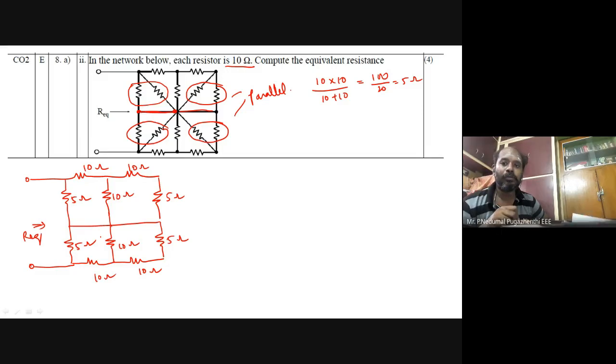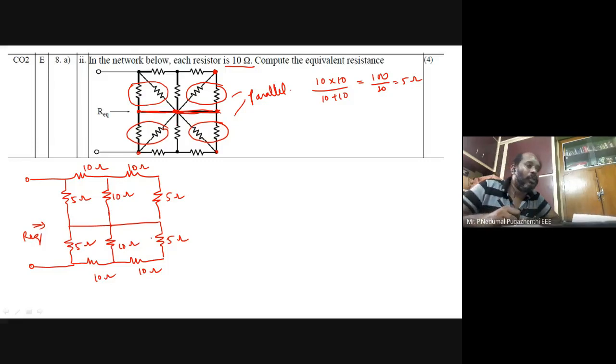Any doubts? Okay, identifying the parallel combinations, you can see that these are the same nodes. They should be connected to the same node. The upper node and the bottom nodes are the same. All the 4 corners, you can see that everybody is having the same nodes.